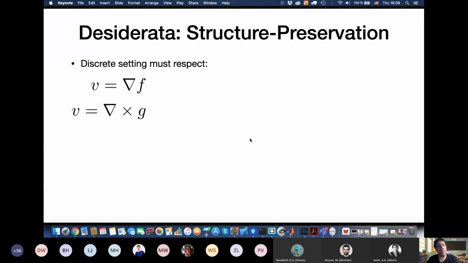And finally, and very important, because we would need it for computations and a lot of stuff in scientific computing, you want a field that has several specific differential properties. That means you want it to respect things we know, or hopefully know, from calculus. That means, for instance, that if a field is a gradient of some function, then it has what's called curl zero. It doesn't rotate.